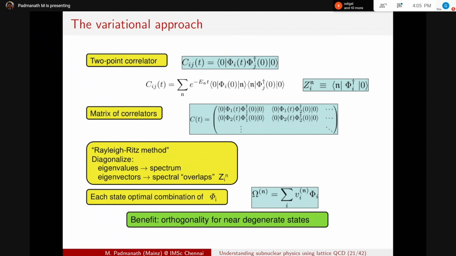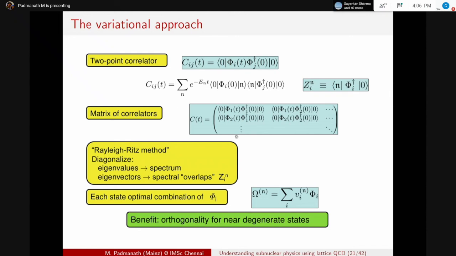We can slightly extend how we did spectroscopy earlier by computing a correlation matrix. I also showed a field in my earlier slide where I put an IJ index. We can compute a matrix of correlation functions rather than only a single correlation function. We do a variational analysis of this matrix so that we extract the physics as a linear combination of whatever operators we use.